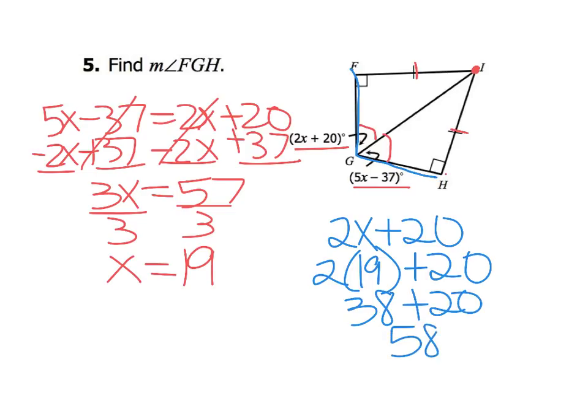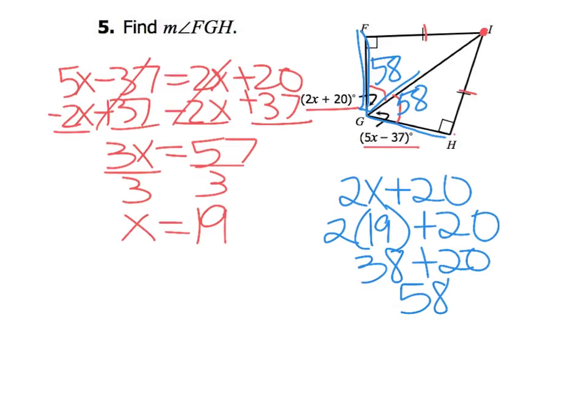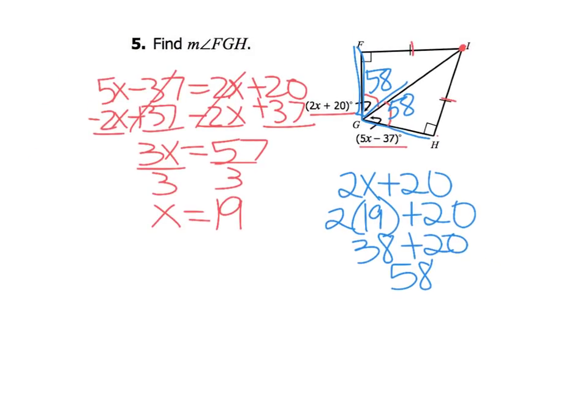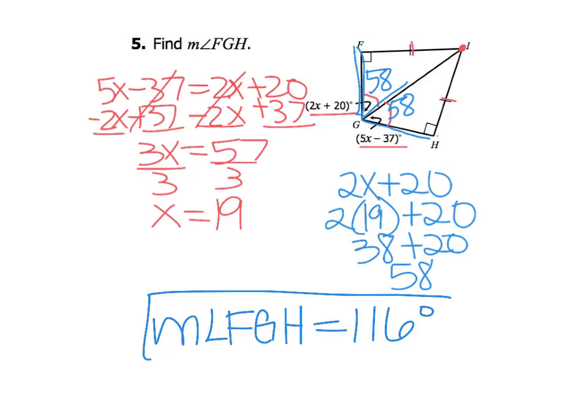So the measure of FGI is 58. Now, because we know they're congruent, this one's also 58. So we know the measure of FGH is going to be 58 plus 58, which gives us 116. So the measure of angle FGH equals 58 plus 58, or 116 degrees.